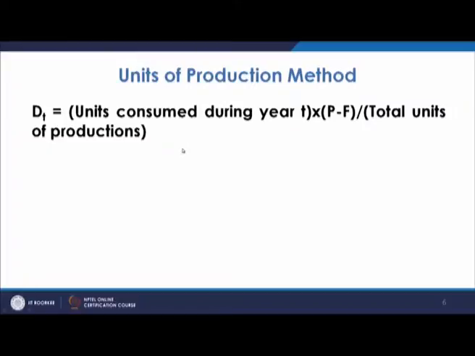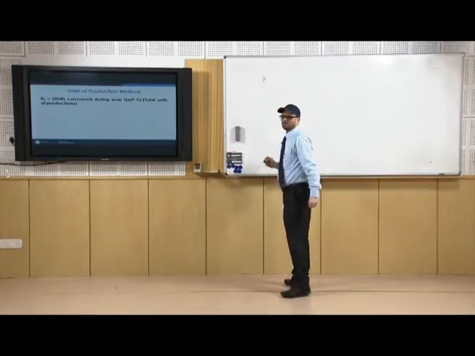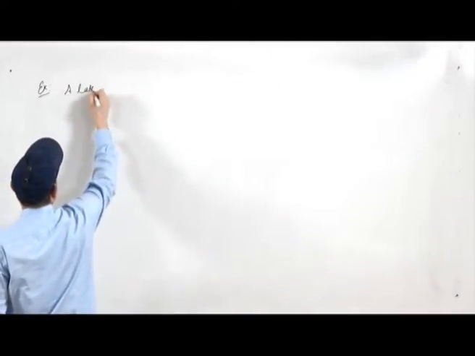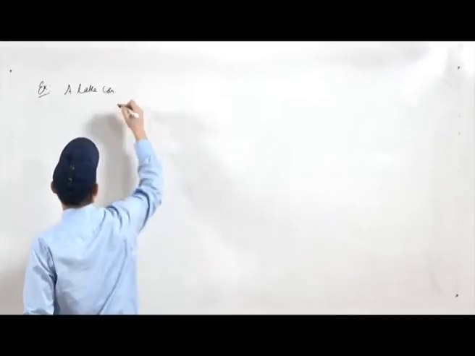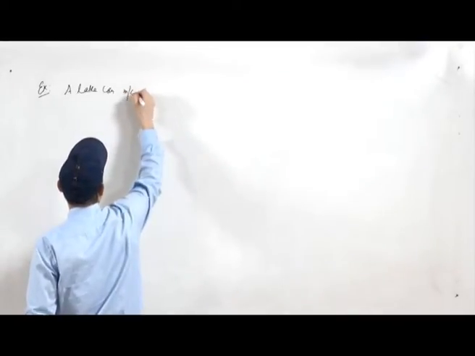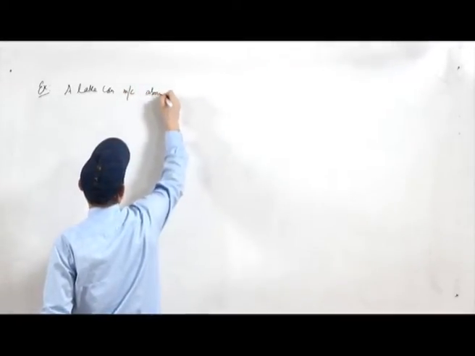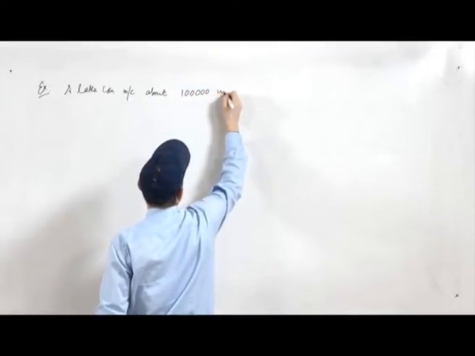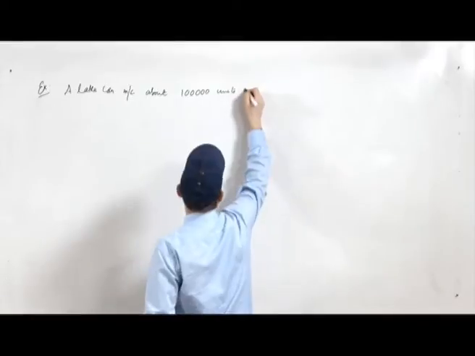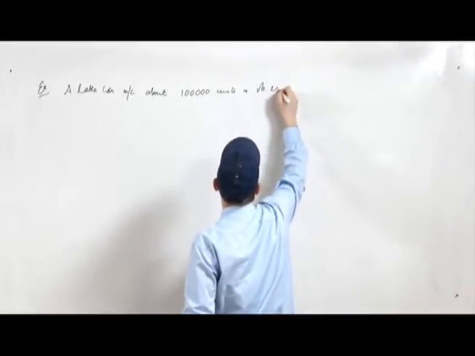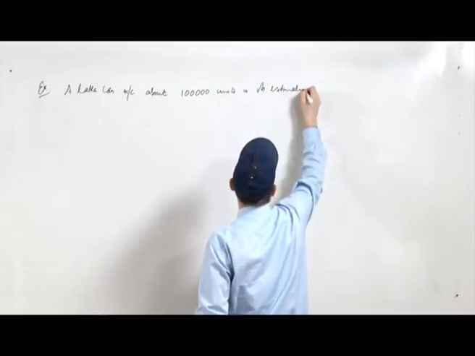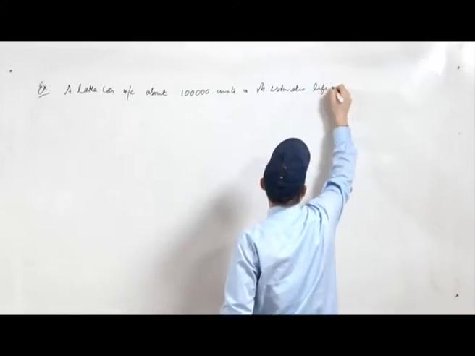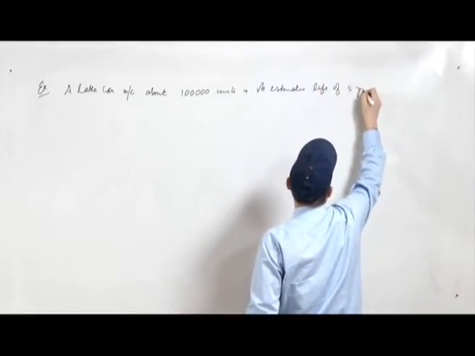Suppose a lathe machine can machine about 1 lakh units in its estimated life of 5 years.